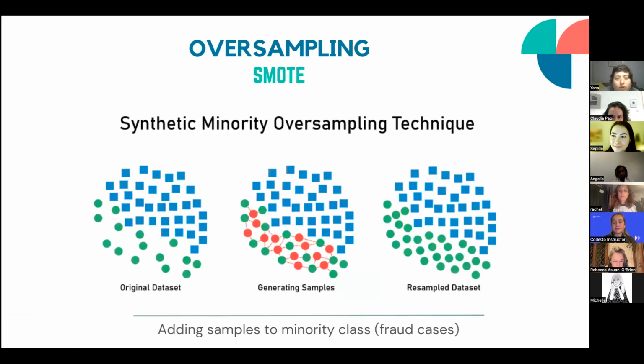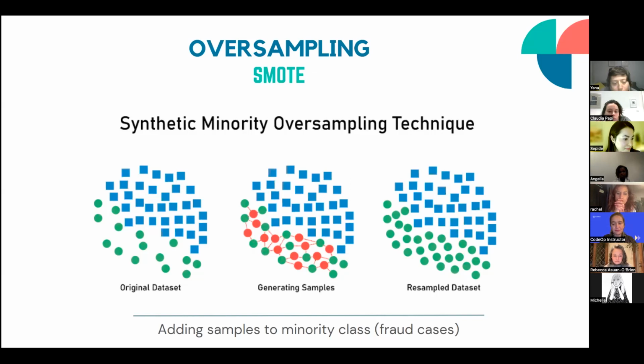Yes, so for oversampling, we use the technique called synthetic minority oversampling, which basically takes existing instances of the minority class and interpolates between them, creating synthetic examples. Here you see the original data set on the left.